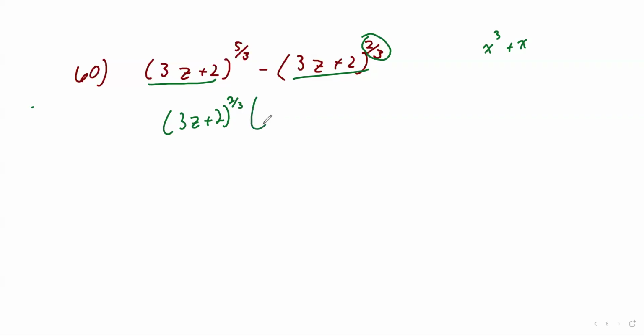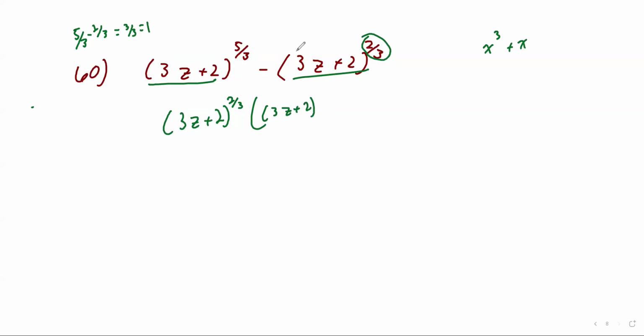All right. So in parentheses, I factor this out. If I take 2/3 away from 5/3, you're dividing, right? That would give me 3/3, which happens to equal 1. So when I write this, it would be 3z plus 2 to the 1 power.